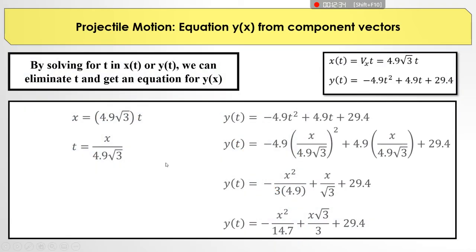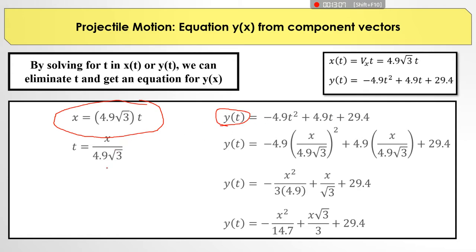Okay, so if I wanted to get an equation that would map out our height at any distance from the diving board, so that's our y in terms of x, then what I can do is solve for t using both of our x of t equations and y of t equations, and then solve that system of equations. Okay, so I've got two equations here. Our x of t equation, which I can use to solve for t, and our y of t equation, which I can also use to solve for t.